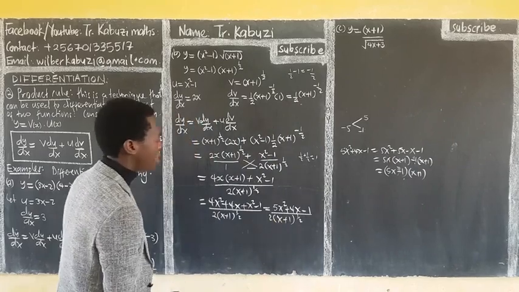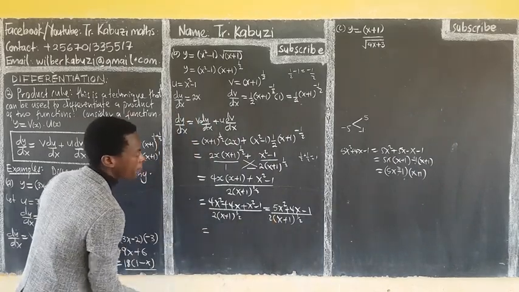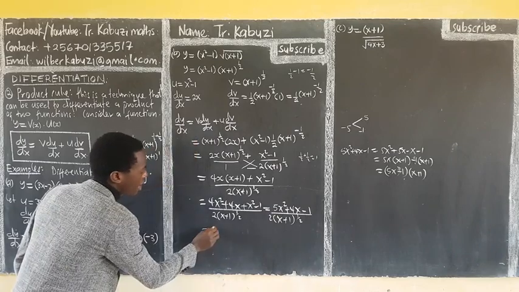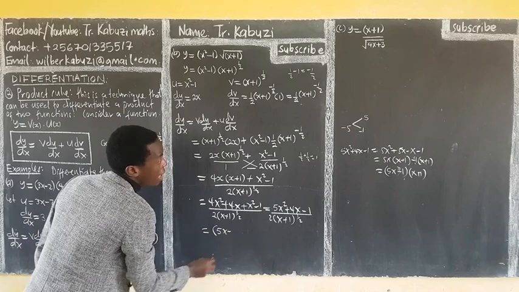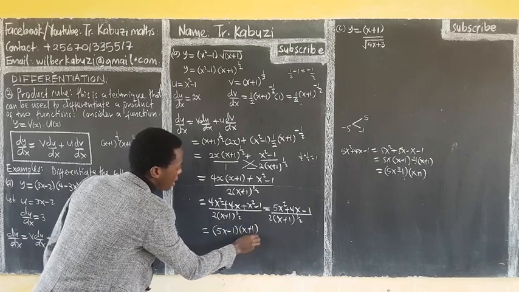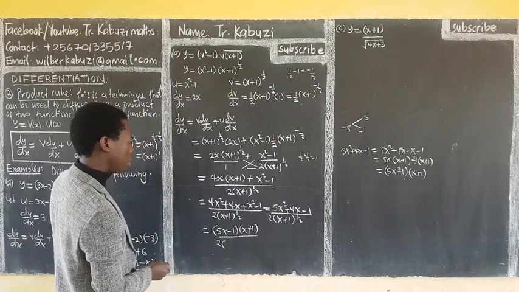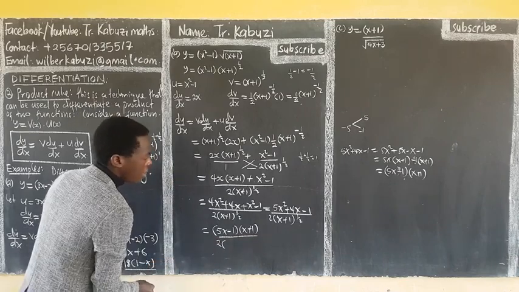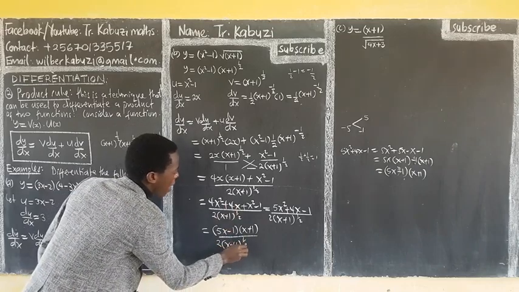So you can factorize that into that. So the whole of this now is going to be, we factorize that, 5x minus 1 into x plus 1, the whole over 2 into x plus 1 power a half.